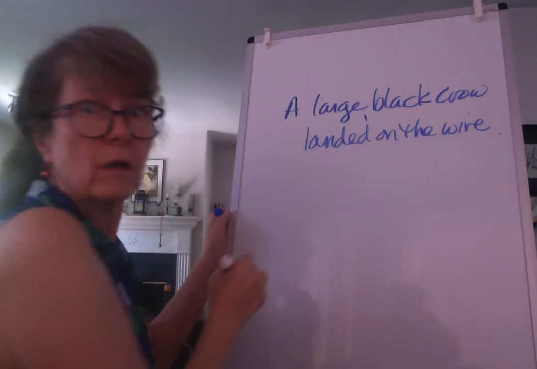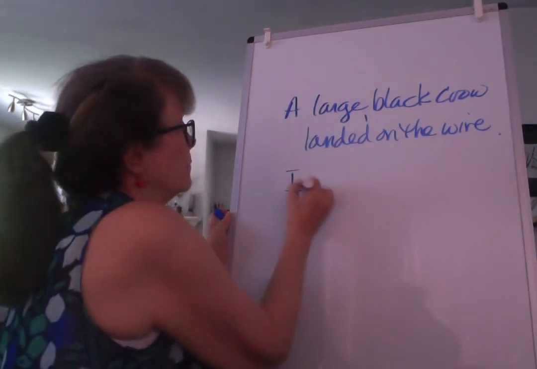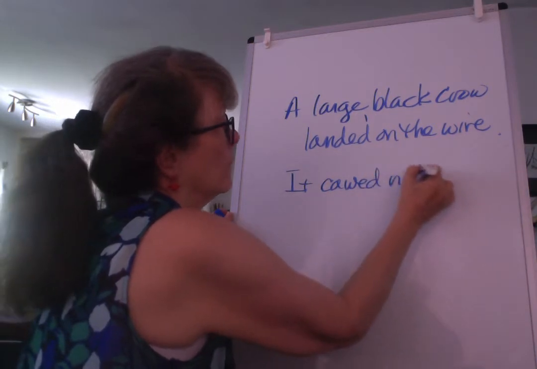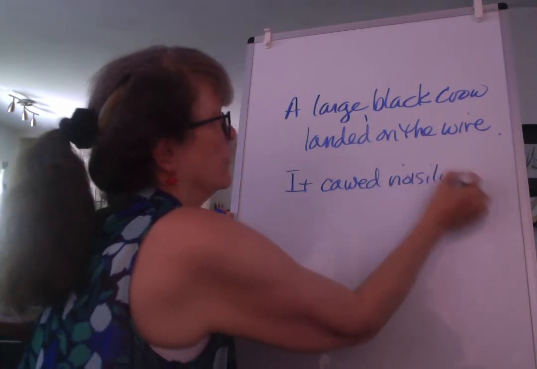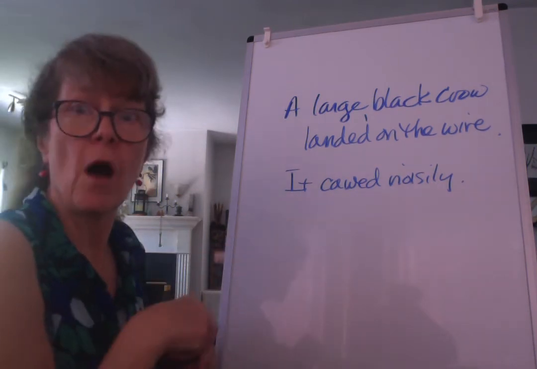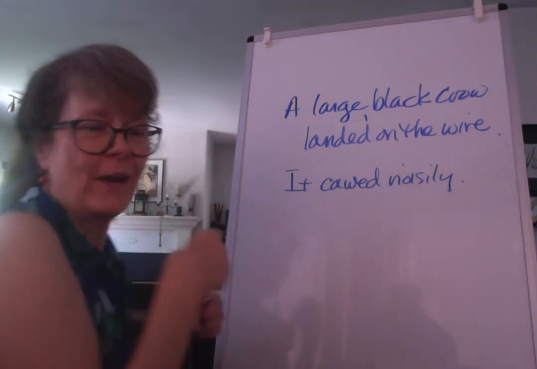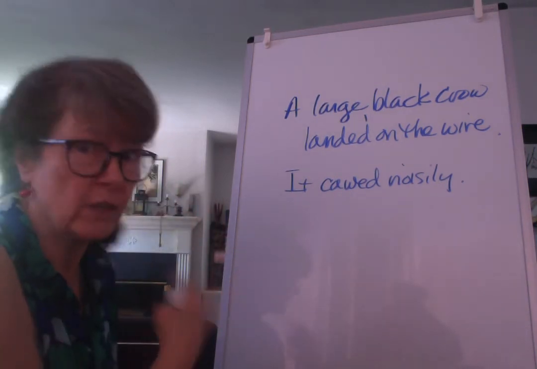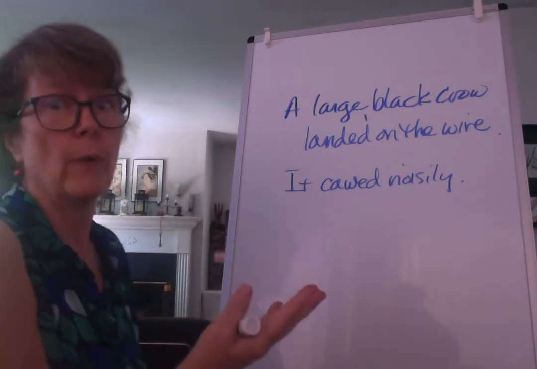And it cawed noisily. You know, like that's the sound that a crow makes. Caw, caw. All right, so let's take a look. We have two main clauses here. They're separate sentences. It's okay to write them that way.